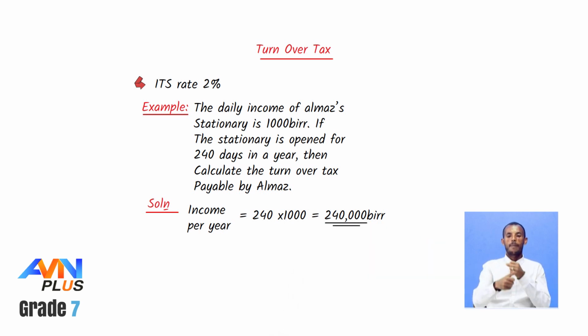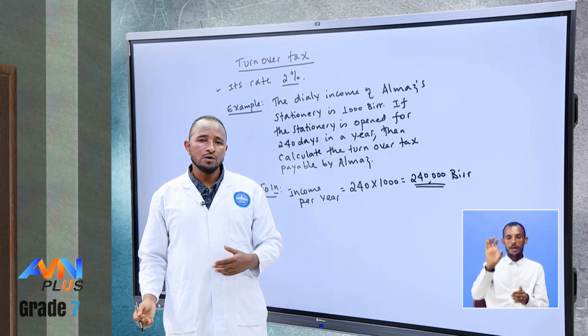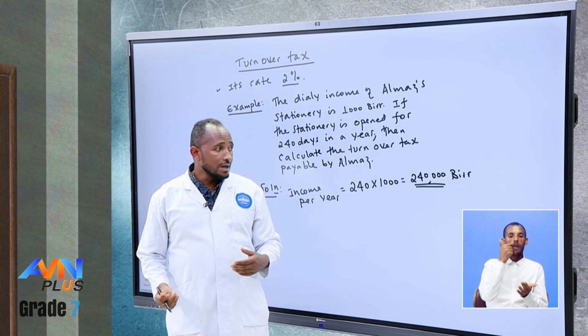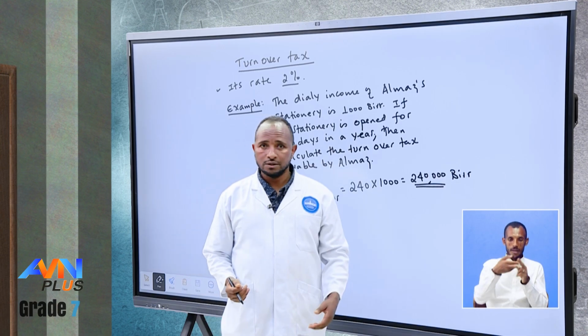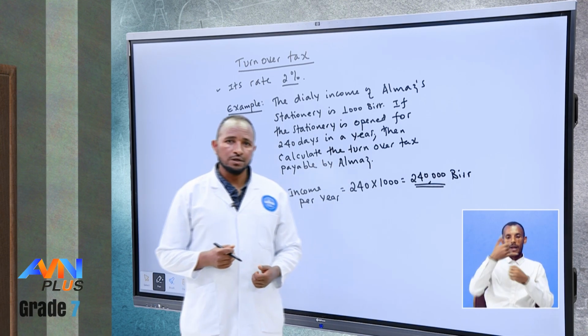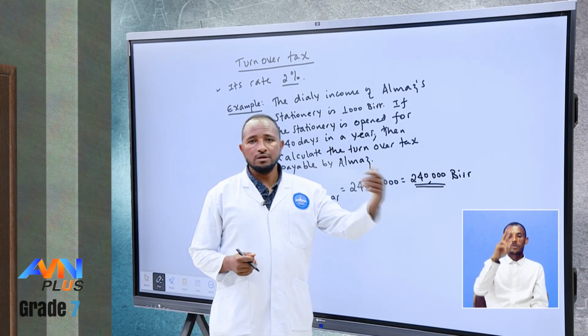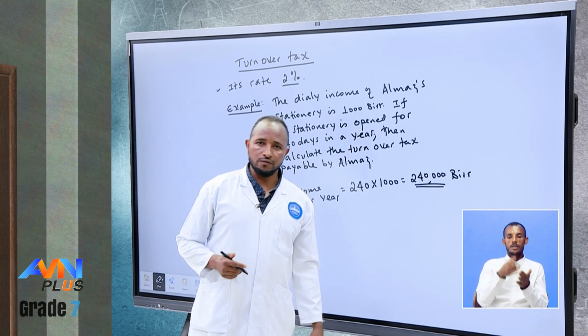As you can see, this income is below 500,000. So Almaz is able to pay turnover tax, and according to our country's rates, turnover tax is 2%. So 2% of this will be payable as turnover tax.